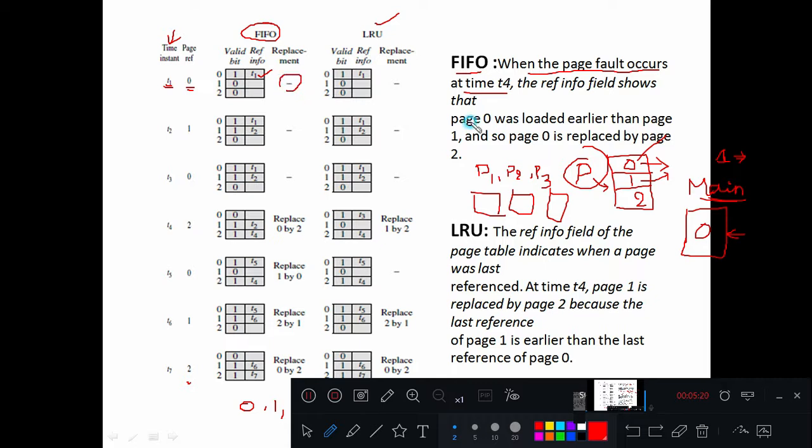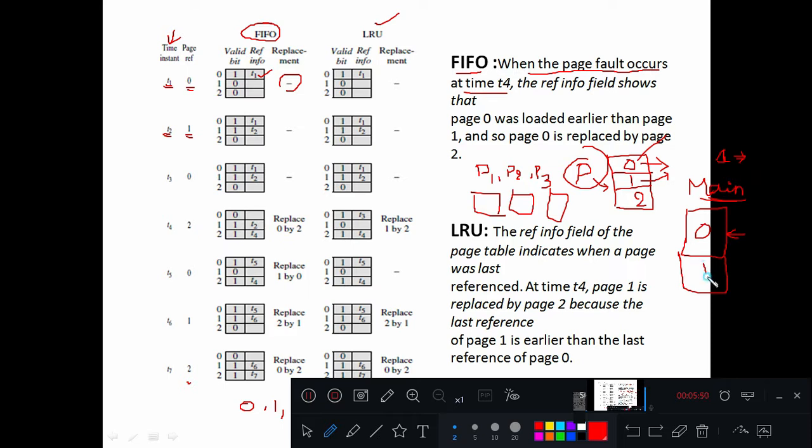No, because it is there in the main memory and the CPU is going to fetch that page from the main memory. Second, at time T2, the next page, page number 1, is going to be referred. We have space in the main memory which can accommodate only 2 pages, so I can load one more page.